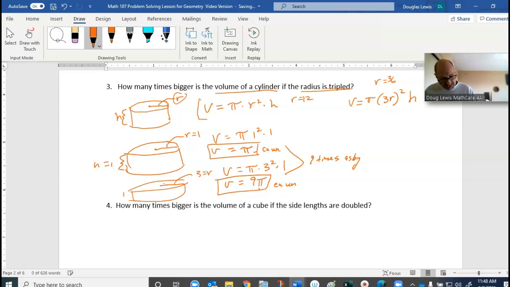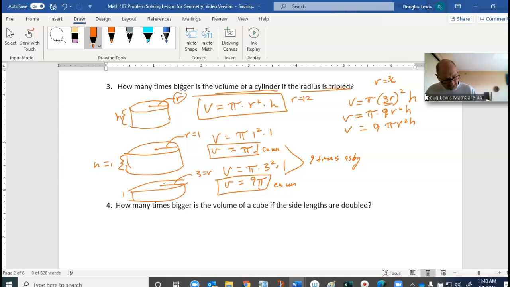So the volume of a cylinder is pi times radius squared times h. If you substitute the radius with something 3 times as big, you get pi times 3r squared times h. 3r squared is 3 squared times r squared, which is 9r squared. If I pull that 9 out and rearrange, that's the same as 9 pi r squared h.